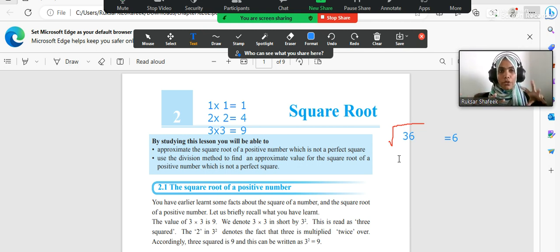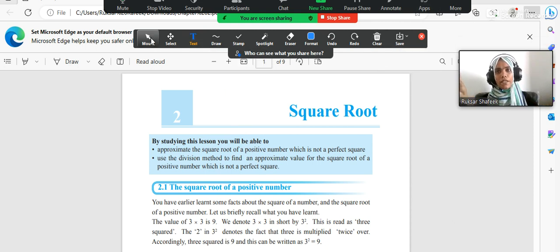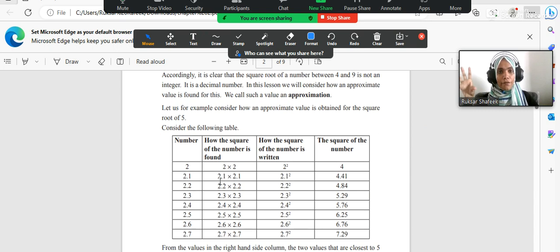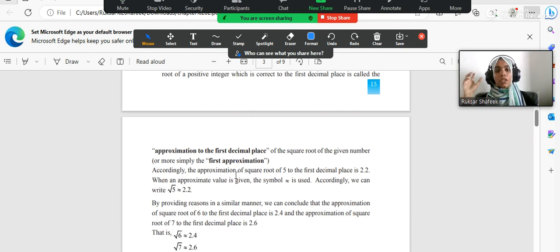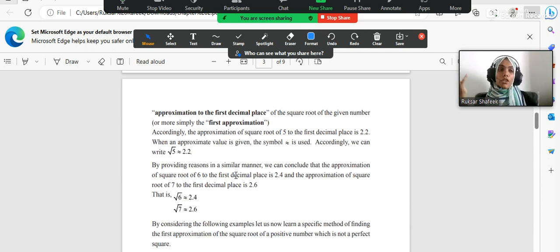So today we're going to see two methods of finding the square root. The first method that we are going to apply is the approximation method. Now this specifically comes in when the numbers are not square numbers. Now we knew the square numbers were 1, 4, 9, 25, 36, that way.